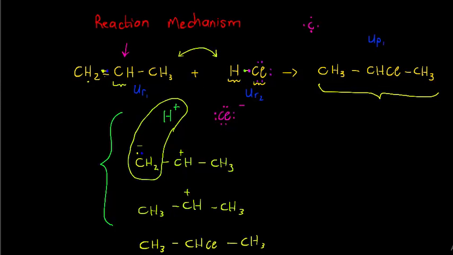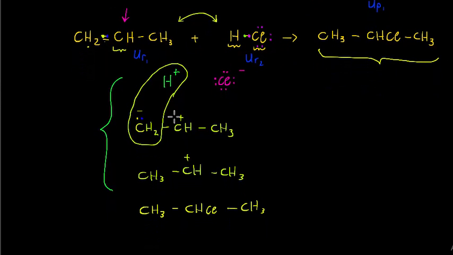Okay, now in these cases we have a bunch of intermediate products, and let's call them UI1 and UI2 and UI3 and then UI4. There's a bunch of ions that are created in between that also have potential energy in themselves.